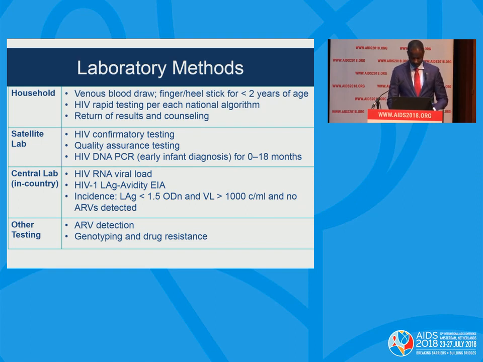Quality assurance testing also took place at the lab, and the DNA PCR was available for early infant diagnosis. In the central laboratory, viral load testing and HIV-1 avidity testing is conducted. Incidence based on the WHO criteria for recent HIV infection was also applied.